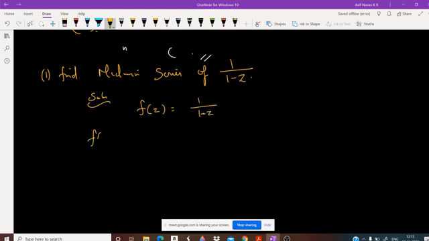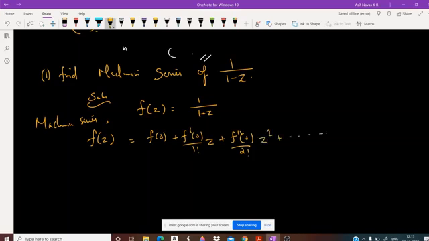Now we know that the Maclaurin series expansion of f of z is f of 0 plus f dash of 0 by 1 factorial z plus f double dash of 0 by 2 factorial z square plus etc. So now we already know f of z is equal to 1 by 1 minus z.